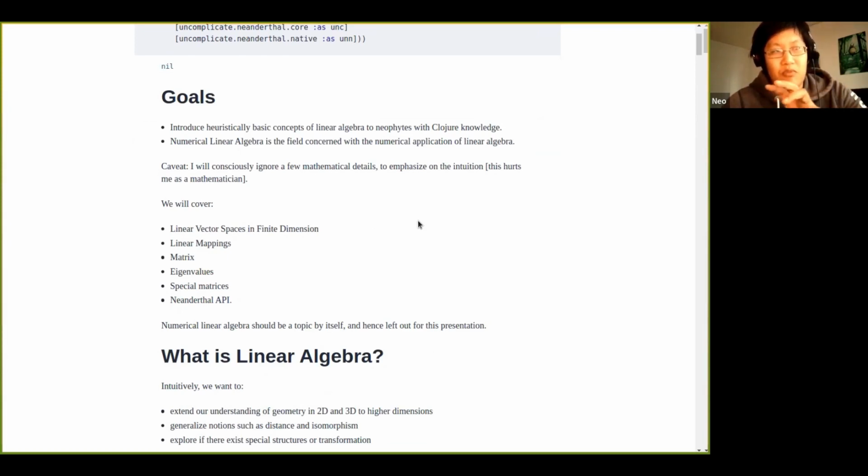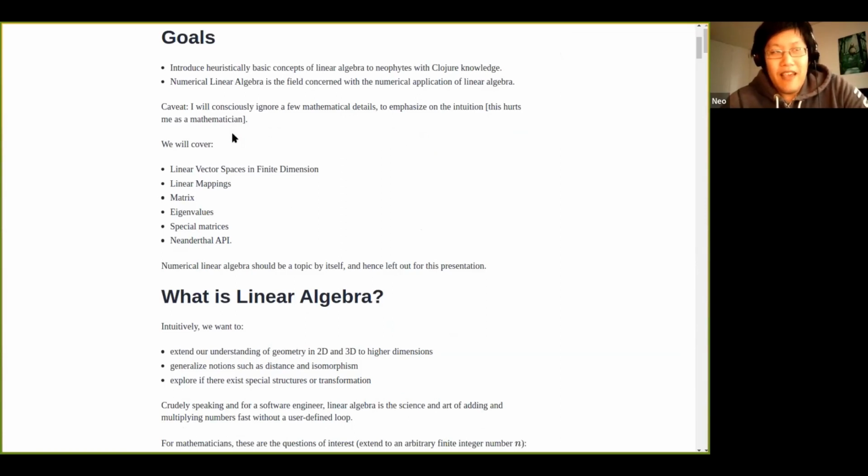This is more what people are usually interested in: how you can solve problems with linear algebra. But I will not present this part, because to understand the second part, you really need to understand the concepts of the first part, the theory. And if this presentation goes well, then maybe we can do a second session on the second part.